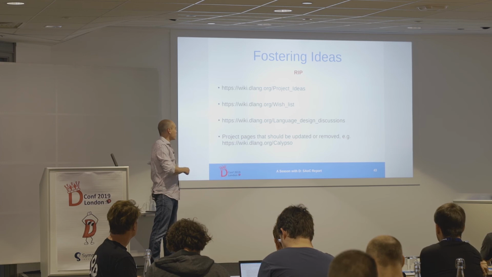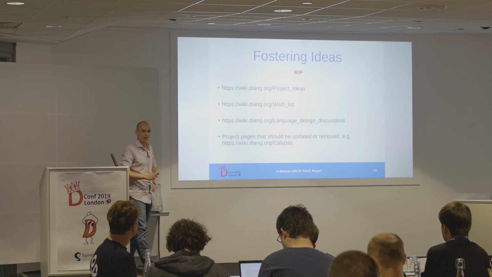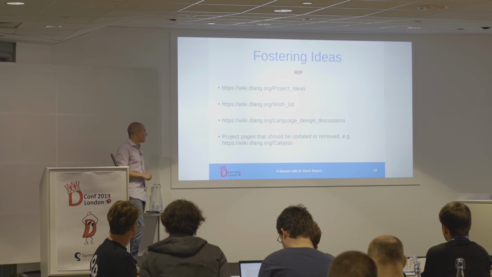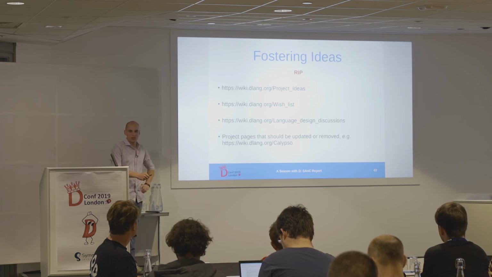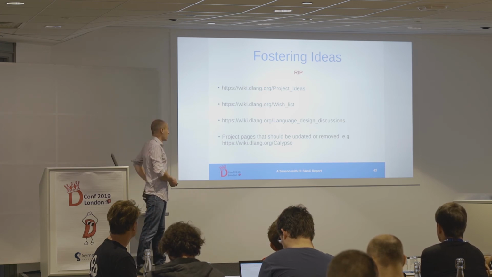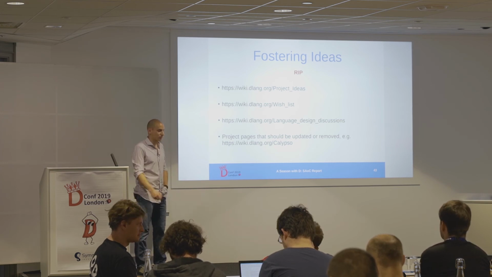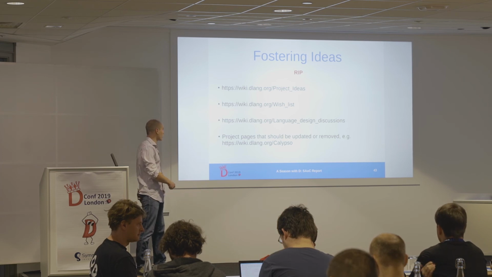There are the language design discussions, which are also quite past their time, and there are a lot of projects which could be updated, could be removed, or I don't know. For example, let's take Calypso. Calypso is at a development stage which is way further than what is described on the wiki, and I think this is about who's working on it.